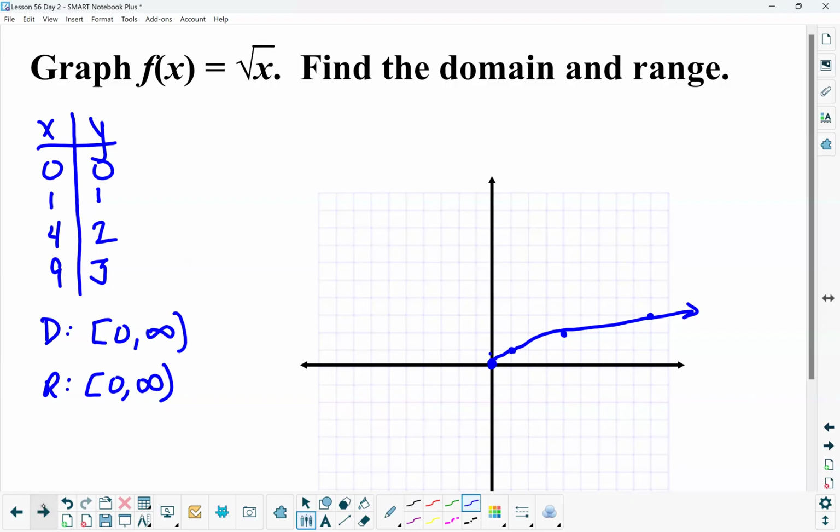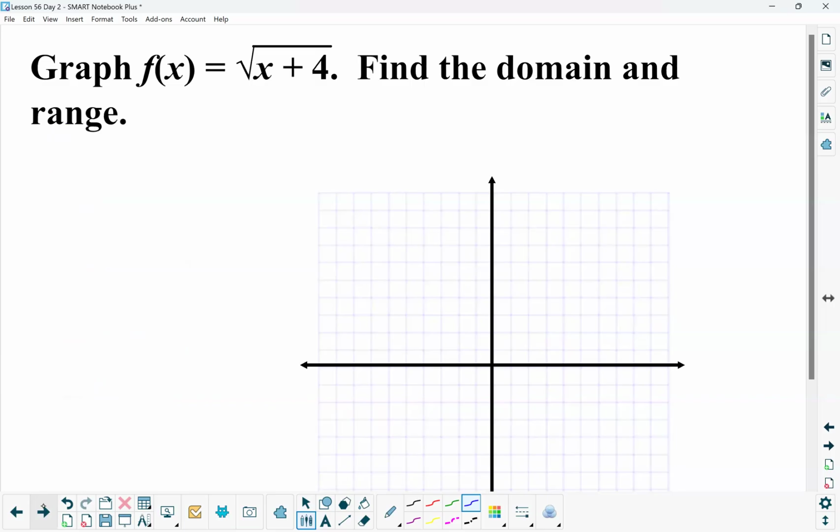A little bit different example: if I had the square root of x plus 4. Again, I'm going to think of making a little table of values, although I could also use the pattern. I want to find the number to plug in so that I'm taking the square root of 0.